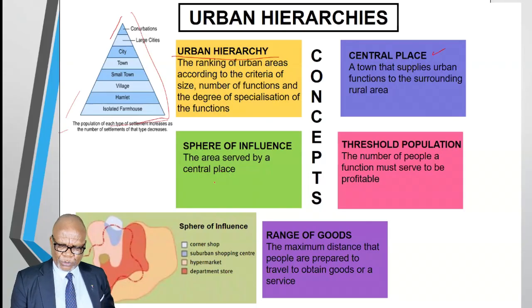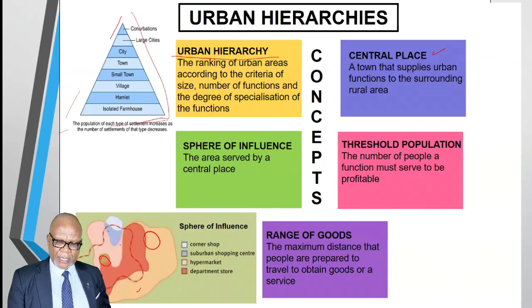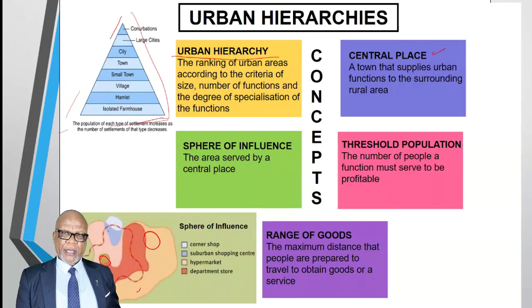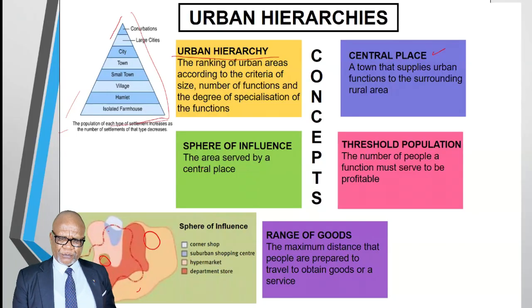So if you have a town here, this is a city boundary, and all this area around the city is what we call the sphere of influence. That is where the business is going to get customers from.